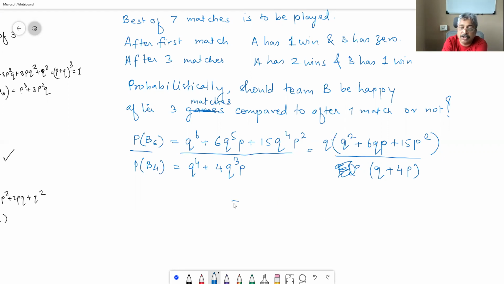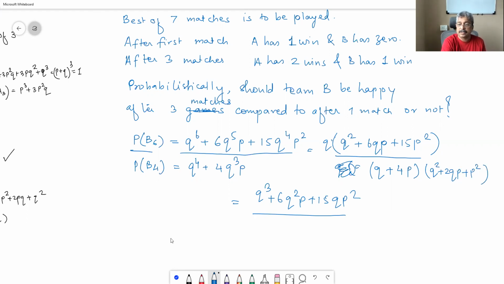So the degree of numerator is 3, q cube plus 6q square p plus 15 qp square. Let us make degree of denominator also 3 by multiplying it with q square plus 2qp plus p square. Okay, that makes it q cube.